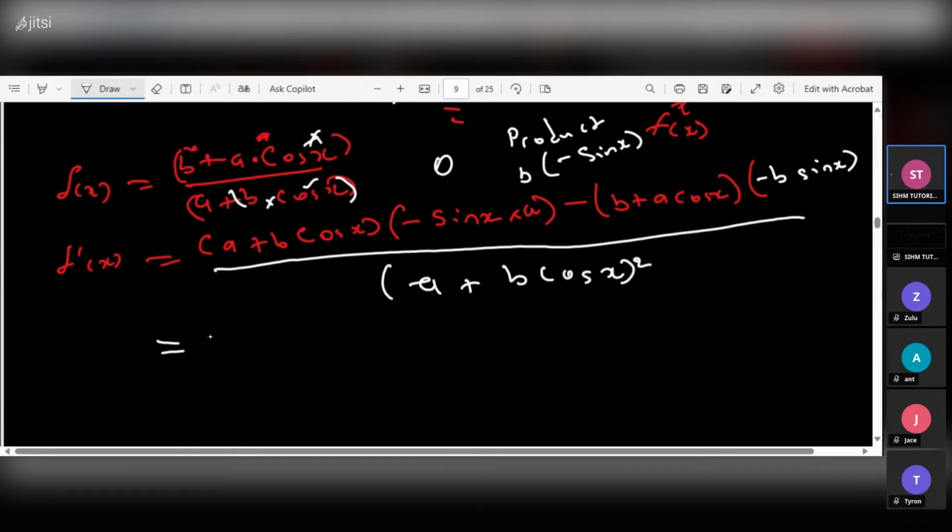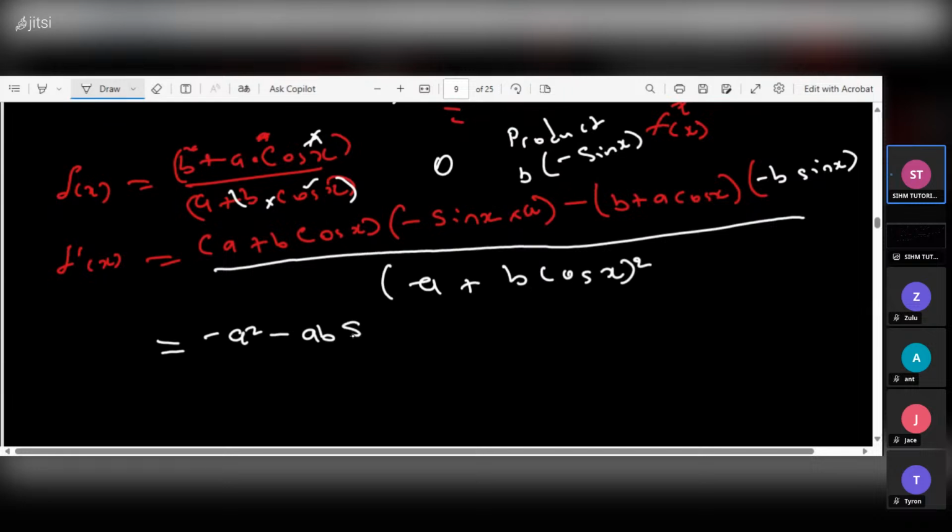This is going to be negative a squared, a times a, and then we're going to say plus, which is this plus. Even if you write the positive, it's going to be negative since we have the negative sign there. So we're also going to say negative ab, which is a and b, and then negative sine x cos x.